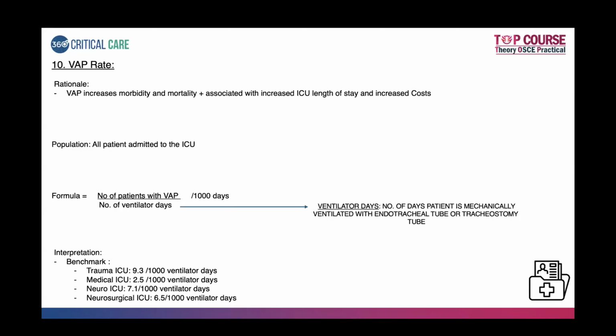So probably there may be 2 or 3 patients who may be intubated out of the 10 patients who are admitted. So those 2 patients will come under the ventilator days, 2 ventilated days. Similarly, that has to be calculated for 30 days. In that you take a mean. So over the 30 days, the number of patients who have been on ventilator, that mean is taken and that is your number of ventilator days.